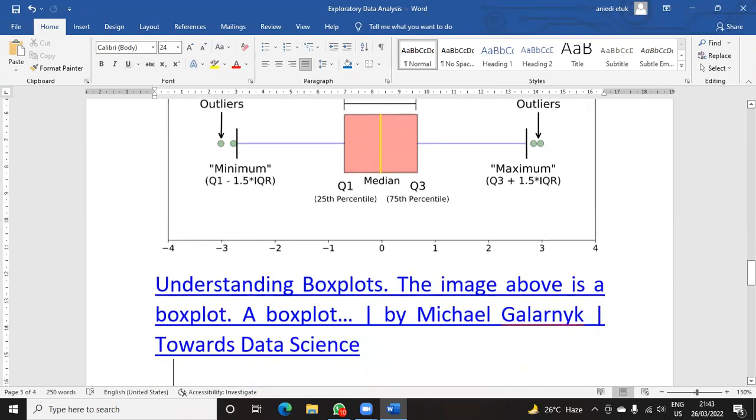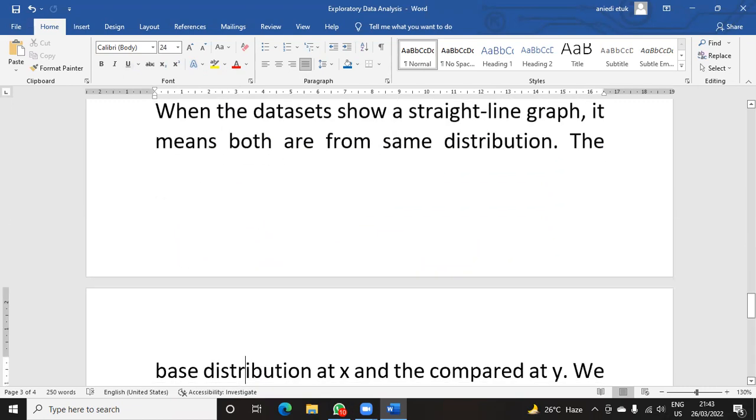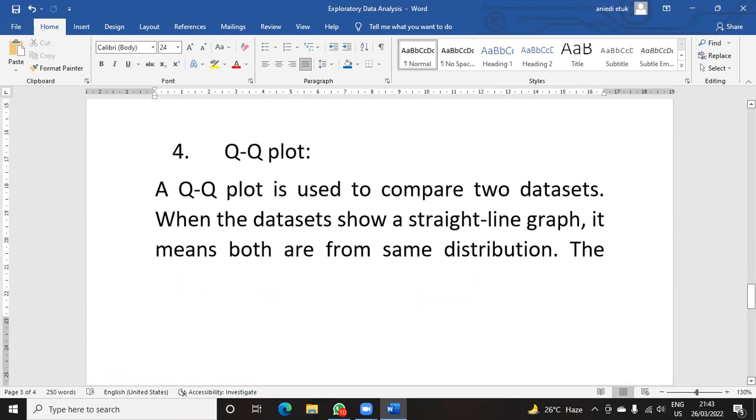Yes, please. So then the next, we have the QQ plot. The QQ means quantile. So when it is plotted against the normal distribution or a normal population, it is called quantile normal.